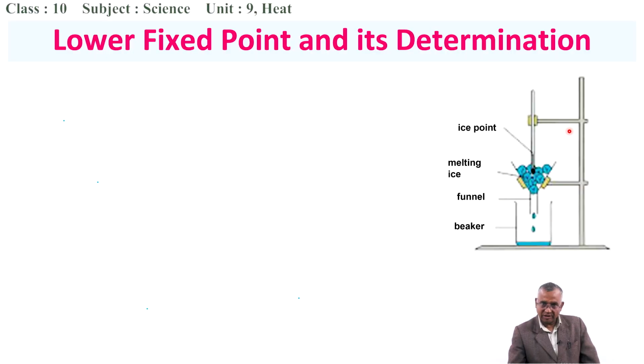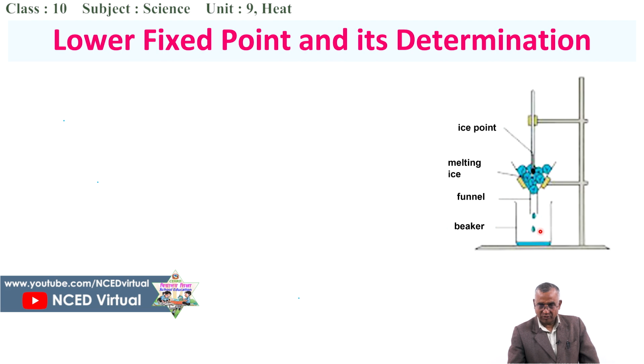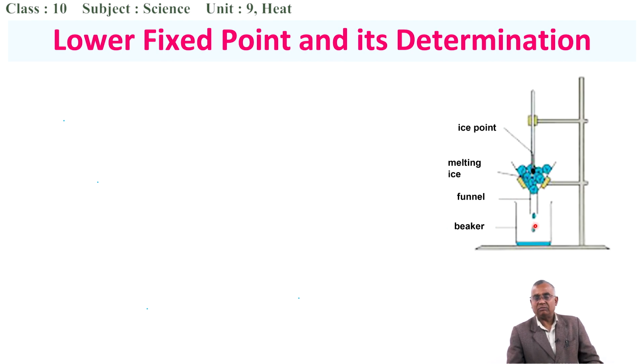Okay, students, now see what the lower fixed point is and how it is determined. Already you have done it. The apparatus, in the same way you have set a funnel with ice cube, and below the funnel an empty beaker in which melted ice is collecting in the form of water, and a retort stand.